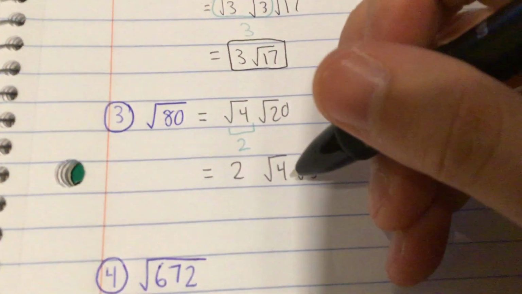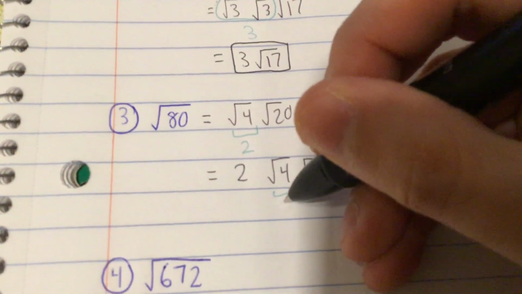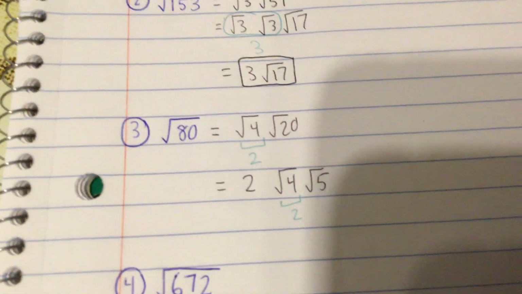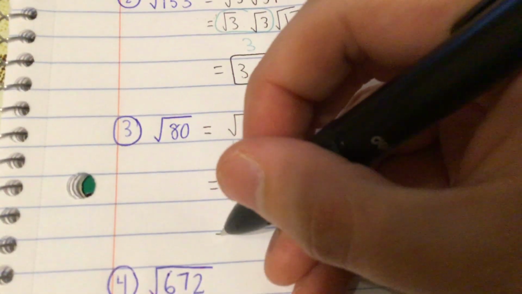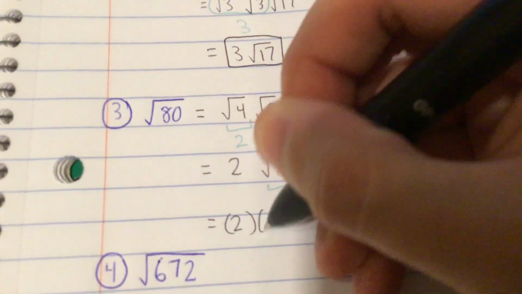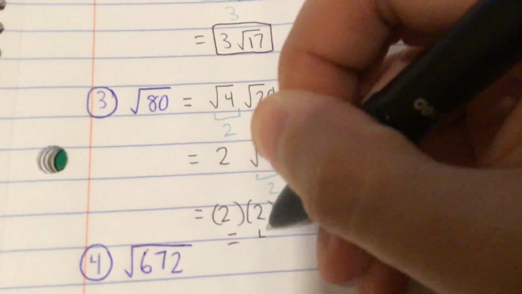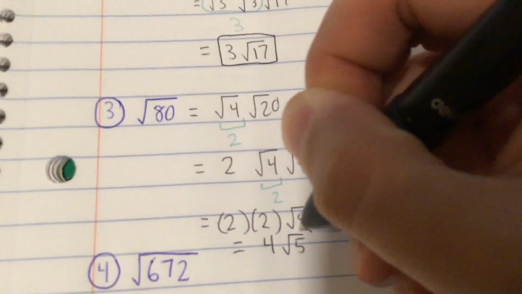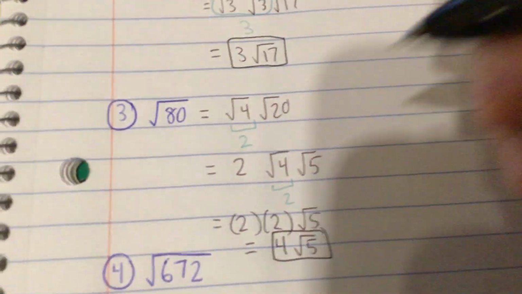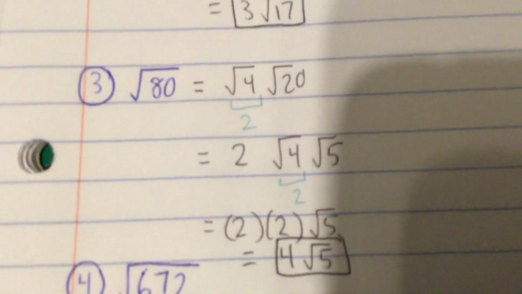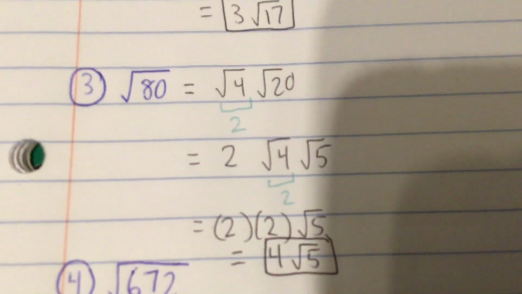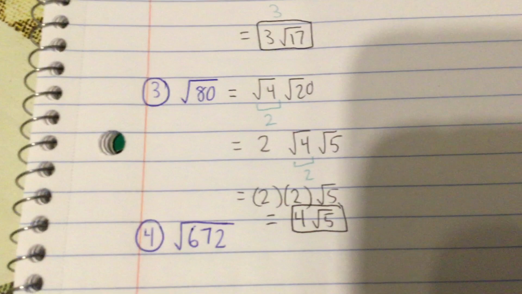Even though I could break this up into radical 2, I've got a 2 here. So this becomes 2 times 2, and I can't break down radical 5, so in the end, this becomes 4 radical 5. Radical 80 is equal to 4 radical 5.